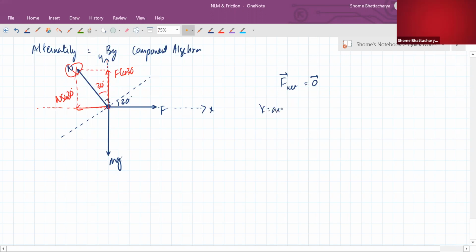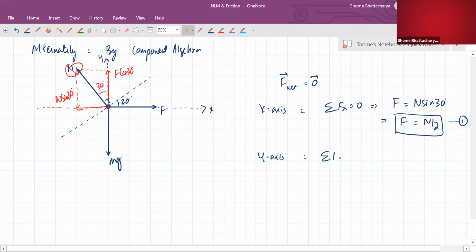So along the x-axis, summation Fx should be 0. So F should be equal to N sin 30, or F should be equal to N by 2. And along the y-axis, so we should have N cos 30 should be equal to mg. So N root 3 by 2 should be equal to 200.